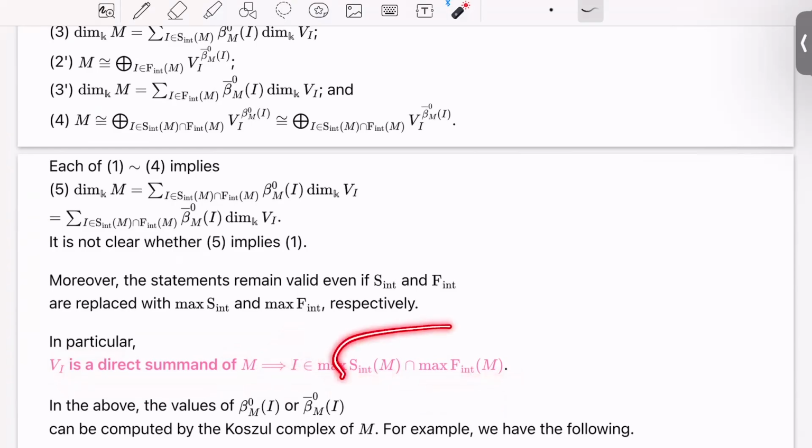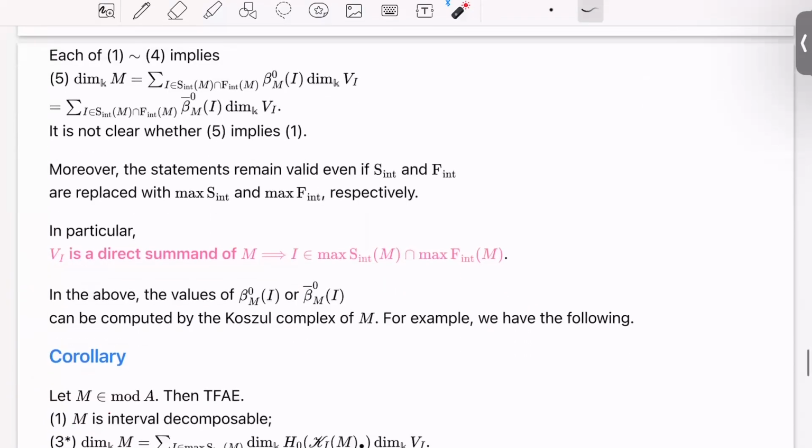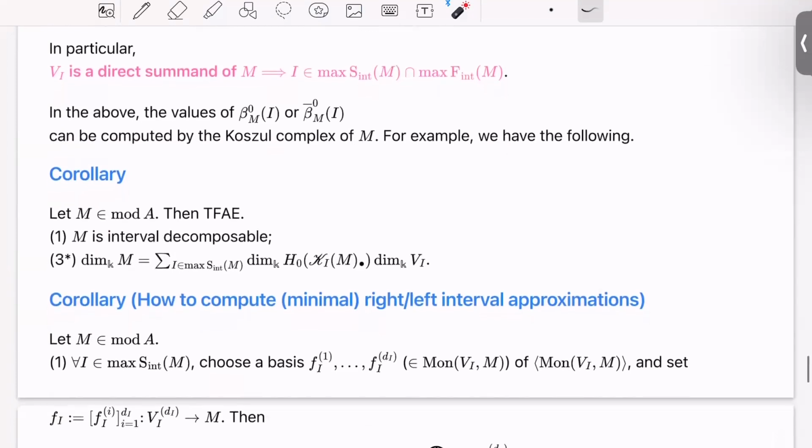So this set is much smaller than the set of intervals, or S_int. So it is enough to check whether Vi is a direct summand of M using only these sets.